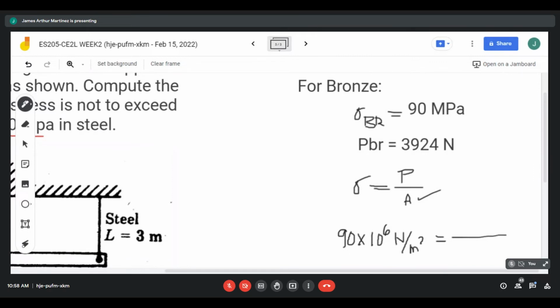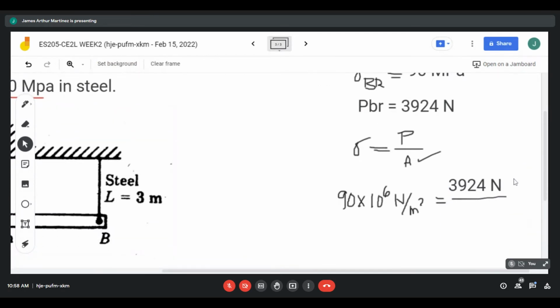Then ako lang gi-breakdown si Pascal into Newton per meter squared. Then, applied load, you have 3,924 Newton. So, makatabang na siya class kung mag-solve ka, include nimo og sulat ang ilahang units kay para dili ka masayop sa imong calculation. Divide by the cross-sectional area which is mao ang gipangita.